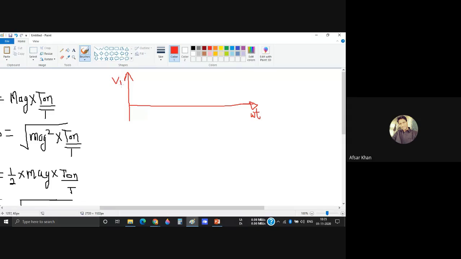Suppose there is a V1, then the next voltage V2. So from V2 to V1 voltage is there. Then no voltage. Then V2. Started like this.